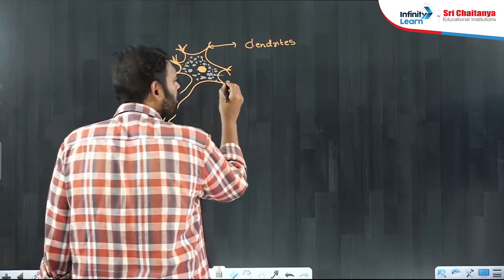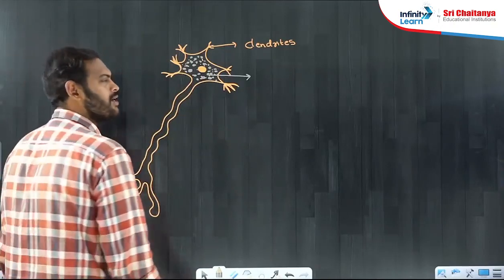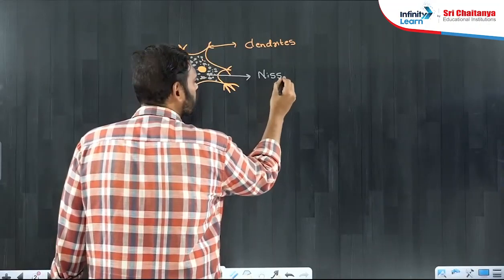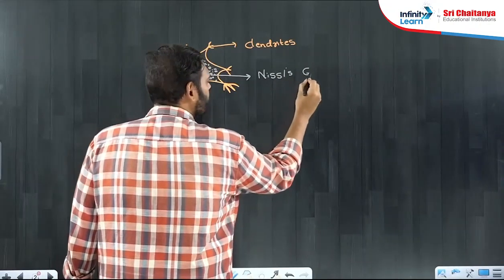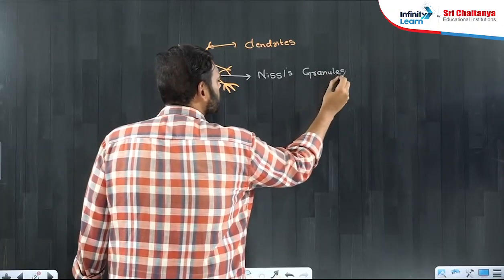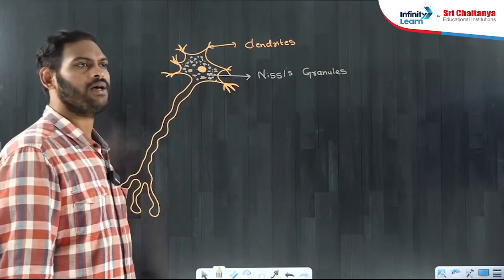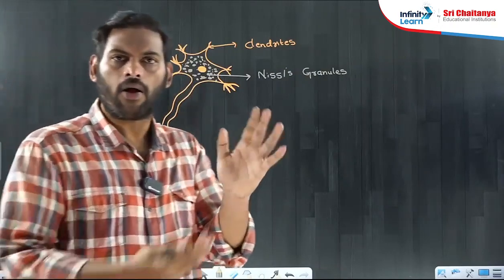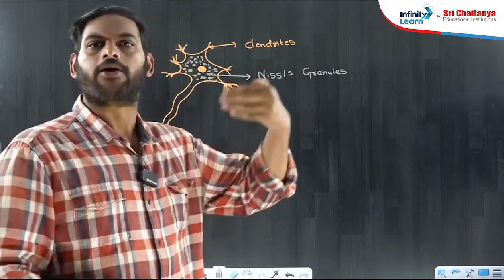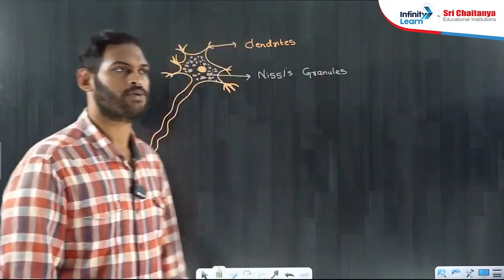So these dark colored granules are referred to as Nissl's granules or Nissl's bodies. Yes, Nissl granule is nothing but a combination of rough endoplasmic reticulum with ribosomes.